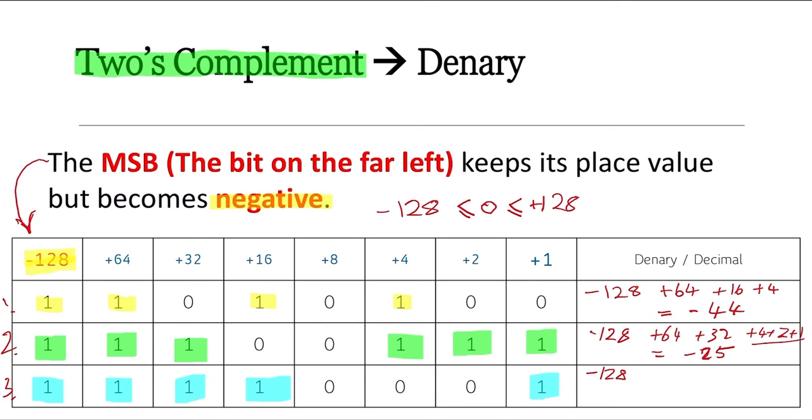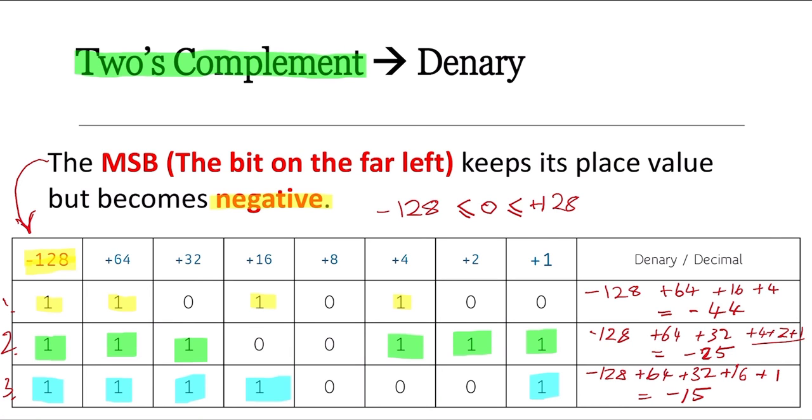So negative 128 plus 64 is negative 64, plus 32 is negative 32, plus 16 is negative 16, plus 1 equals negative 15. And that's how you convert from 2's complement binary into denary.